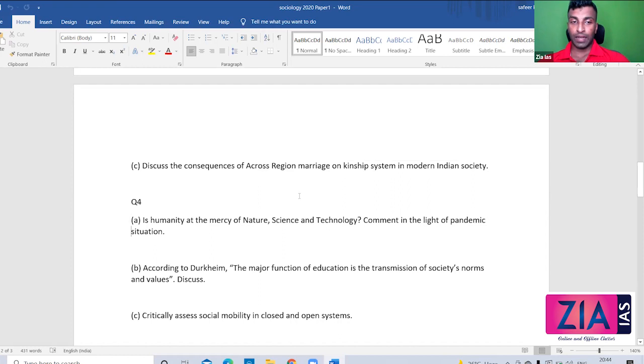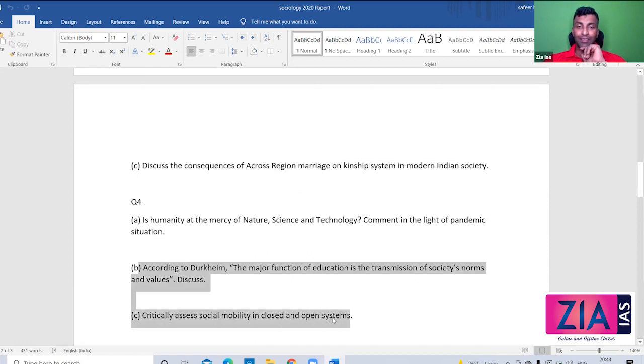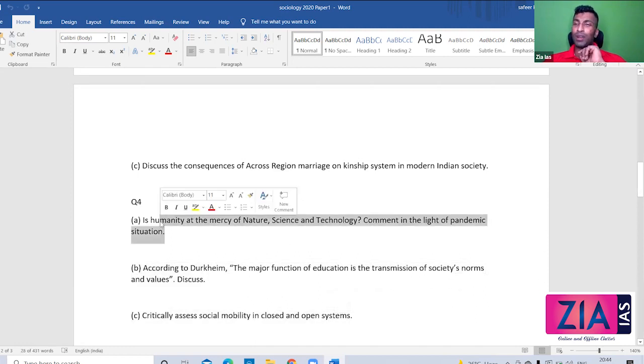Question number 4, I've told you this is very general. We're not going to get into that. Though these two are very easy for us, here the problem is you have to think a lot. I'm not interested in thinking during exam time. We don't have time for that. If we think, we can write a lot of good points. But we will not be in that situation, guys.